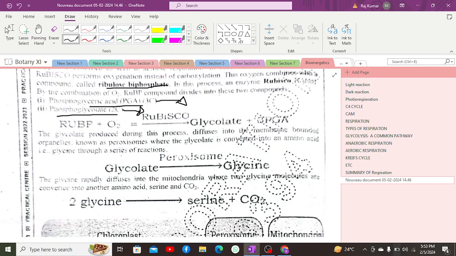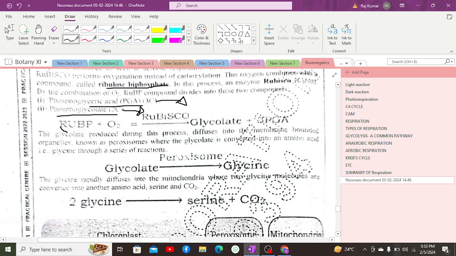This process is done with the help of an enzyme known as glutamate transaminase. In the peroxisome, it is a chain of reactions.